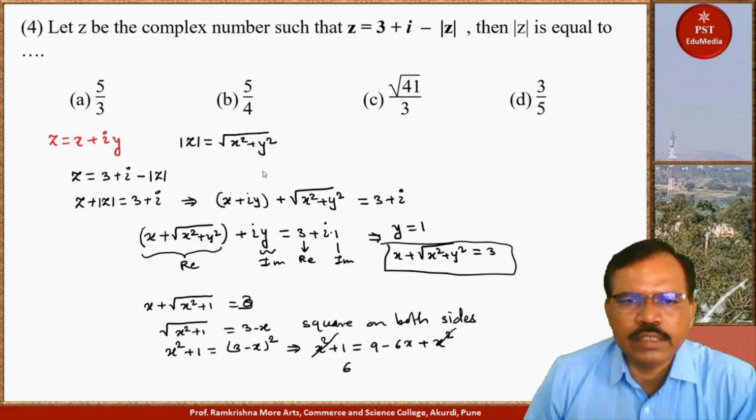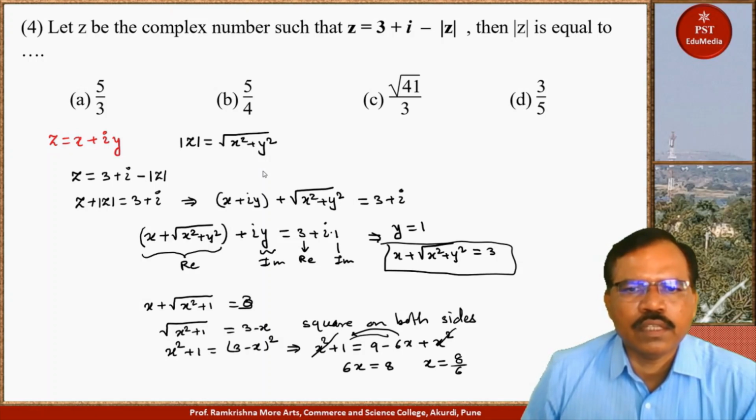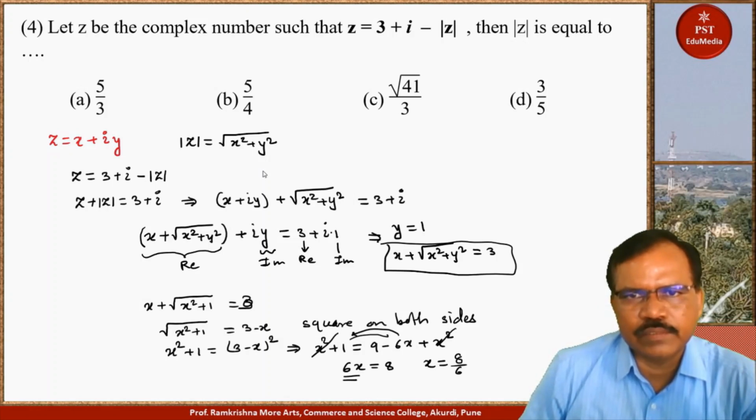So we'll get 6x = 8, so x = 8/6. So we got x = 8/6.